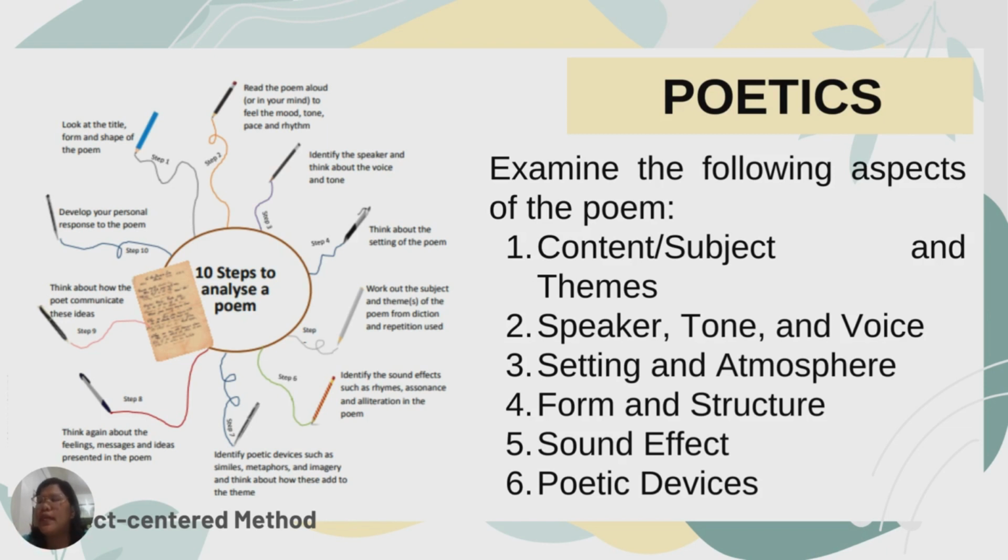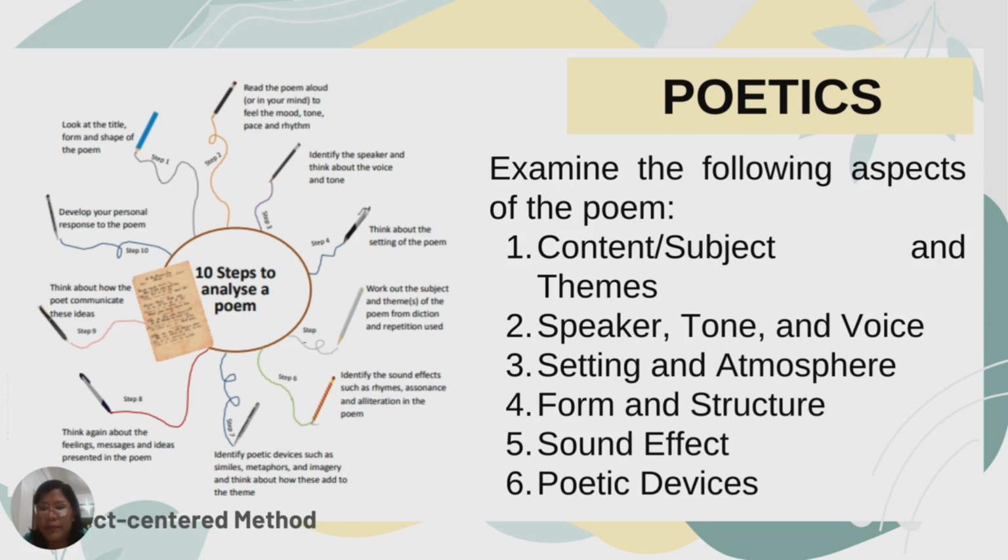For a more in-depth level, the following aspects should be examined by the students. The first one is the content, or the subject and themes of the poem. What are the universal truths or the messages that they can get from that piece of poetry? The next is identifying the speaker, the tone, and the voice in which the poem is being told. The next is to examine the setting and the atmosphere of the poem.